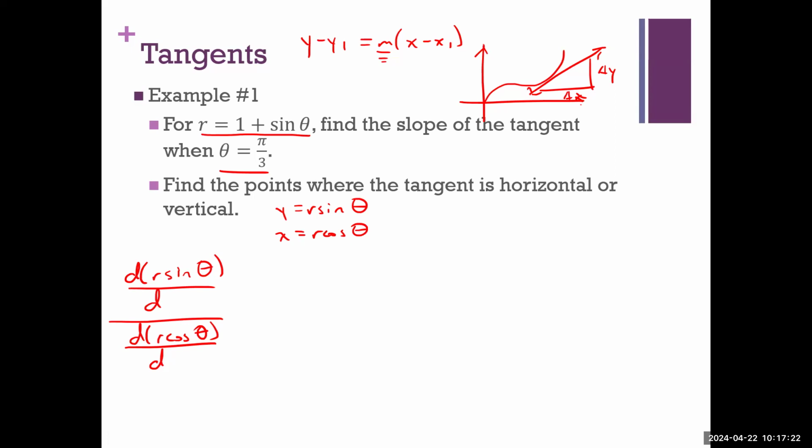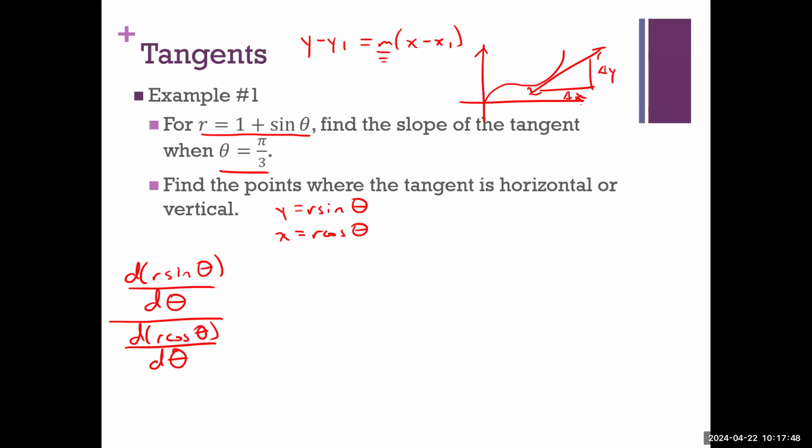Theta. Theta is the input variable. So essentially what I'm doing is taking the derivative of r sine theta with respect to theta and the derivative of r cosine theta with respect to theta. I'll go ahead and pause there before we actually start computing, but I want to make sure we're okay with the setup here, with why we're building it this way.